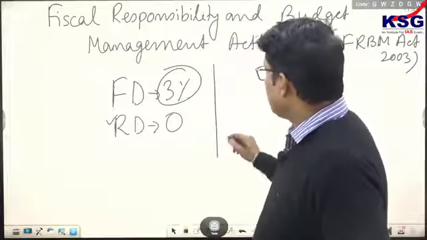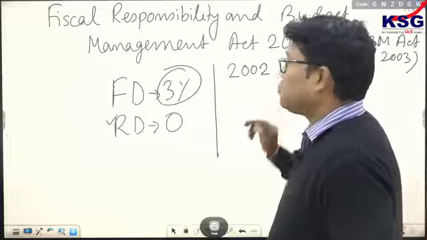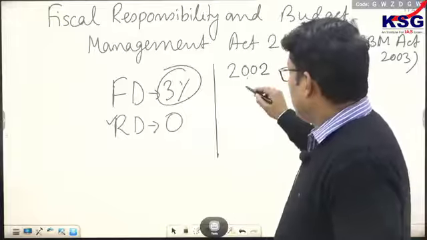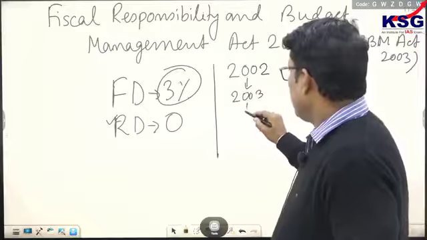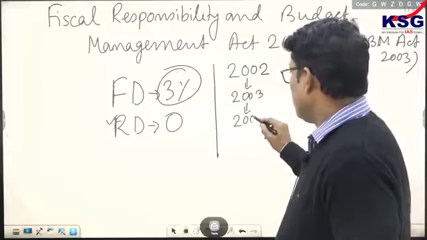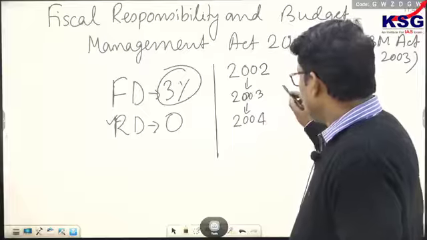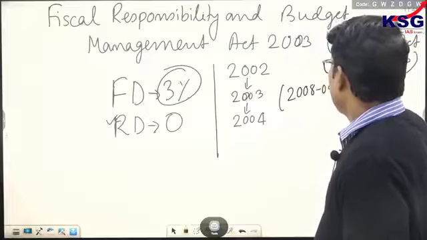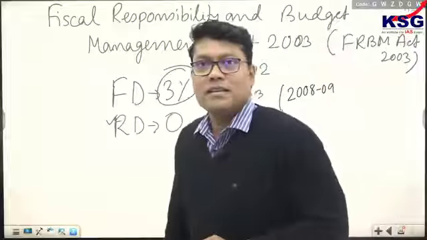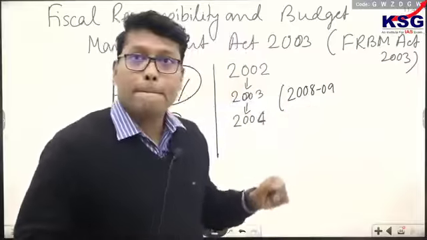So FRBM was presented in Parliament in 2002, enacted in 2003, and notified and implemented in 2004. Initially the target year was 2008-9. This was the target year, the year by which we would achieve the targets.